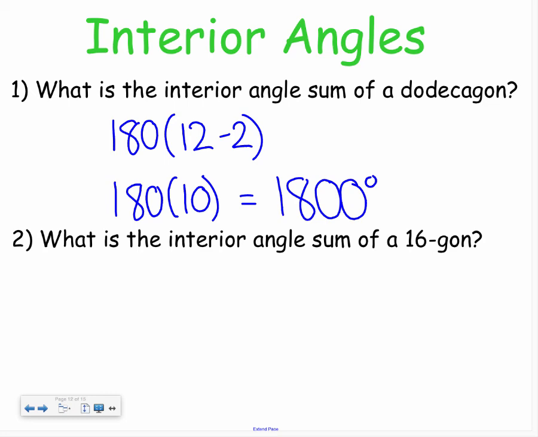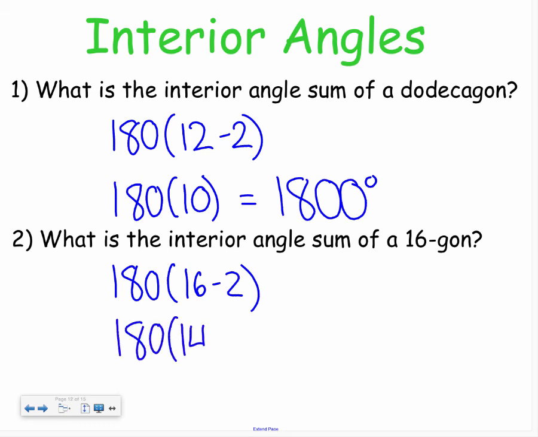If we have a 16-gon, we would take 180 times 16 minus 2. 16 minus 2 gives us 14. And 14 times 180 is 2,520 degrees.